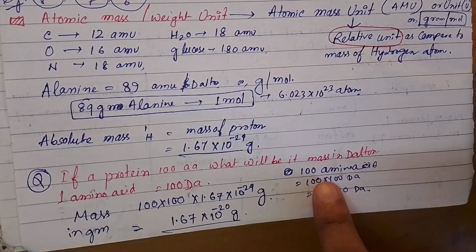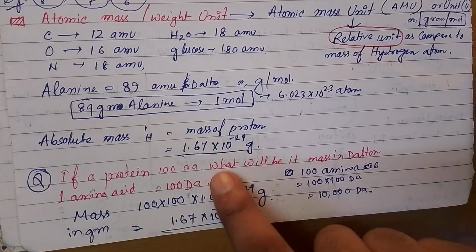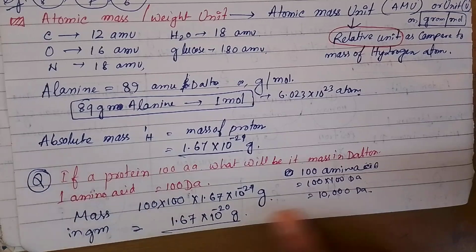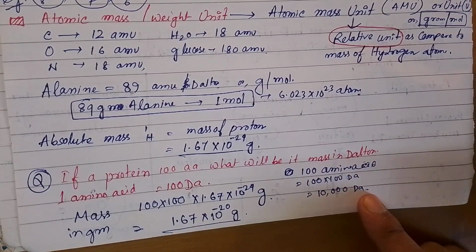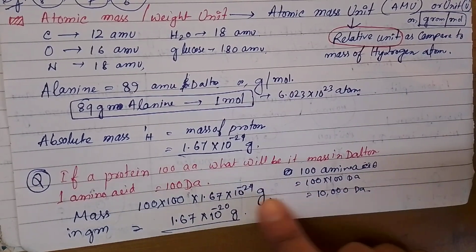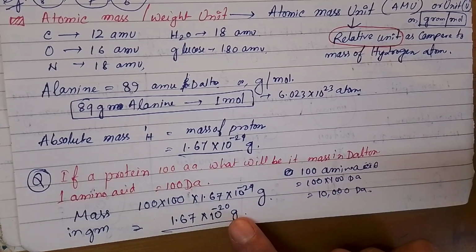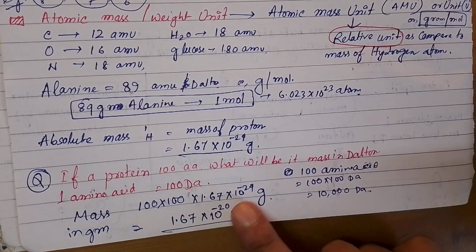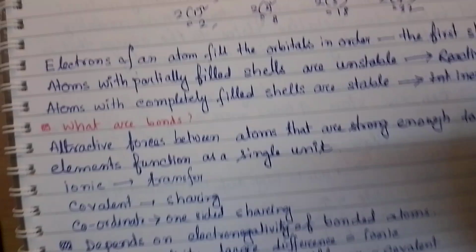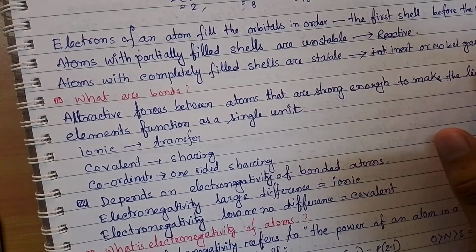If the 100 amino acids are in that particular protein, it will be 10,000 Dalton. If you convert Dalton to gram, you multiply by 1.67 into 10 to the minus 24.